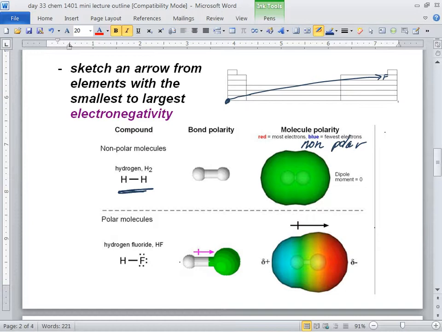So you make it a little bit redder where the more electronegative element is. You make it bigger because the electrons are hanging out there more often. The cloud's bigger. Okay, and then the opposite end that's less electronegative, it's bluer, or smaller. So this would be the polar idea, and the nonpolar idea.